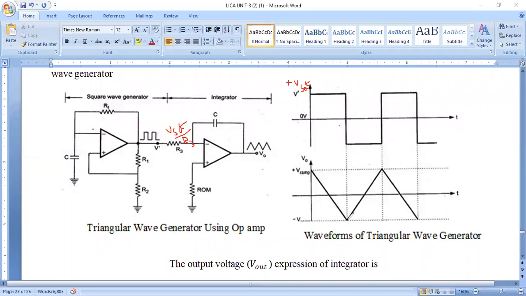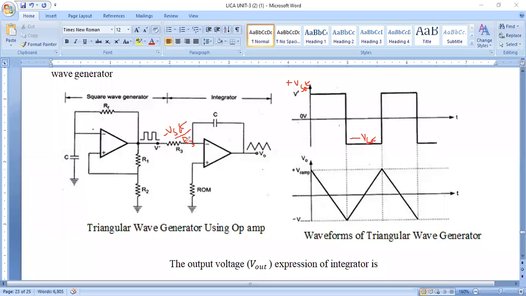The same thing happens when the output V dash is at negative saturation. Here we have the negative saturation condition. At this instant, when V dash is low, the output voltage across this resistor is minus V saturation, and the current across this resistance R3 is minus V saturation divided by R3.